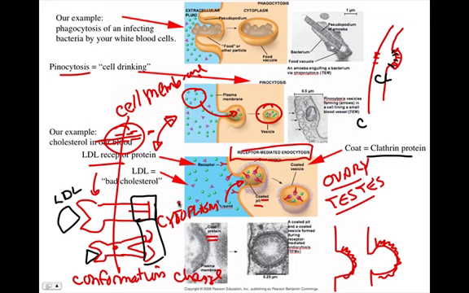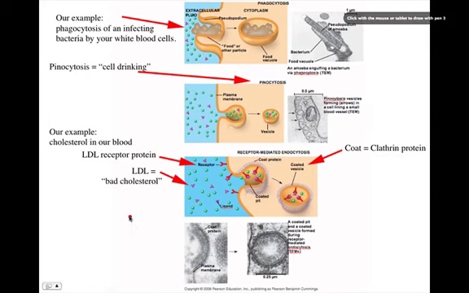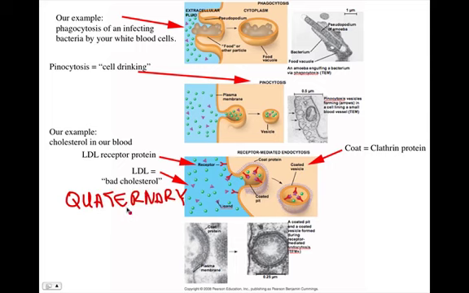How's that happening? Well, if we look at the structure of clathrin, structure gives function, and clathrin is a protein that has quaternary structure also. So if we think about clathrin, it's a protein that looks like this, has a shape, and has a couple of binding sites on it, like those dents, that allow it to bind to other surfaces.